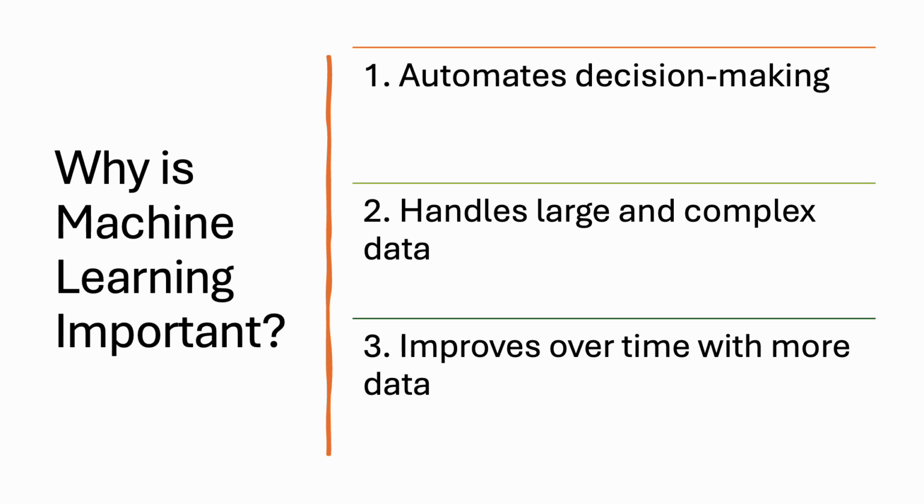It can handle large and complex datasets, making sense of information that would be impossible for humans to analyze manually. It improves over time as it gets more data, becoming more accurate and efficient. In short, machine learning is a game changer, enabling smarter and faster solutions to complex problems.